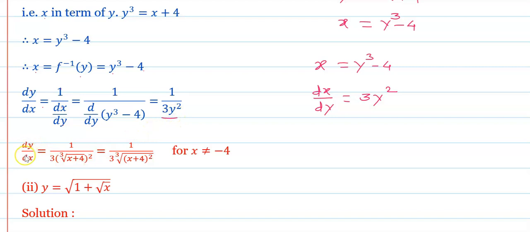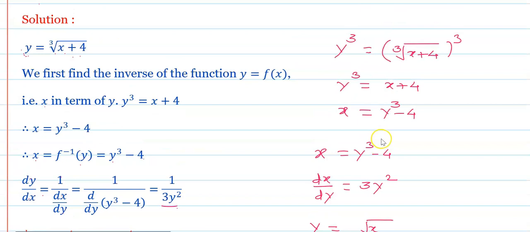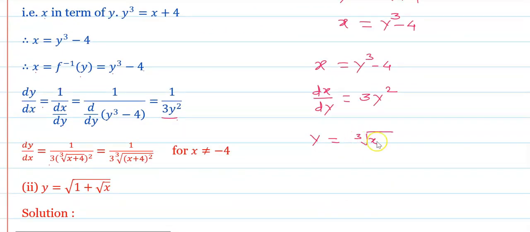And hence dy by dx is equal to 1 upon, आता इथे बघा 3, 1 upon 3. And what is the value of y square? Y square means what? Cubic root of this bracket square. Now we know the value of y square. We know this y is what, y is equal to cubic root of x plus 4.